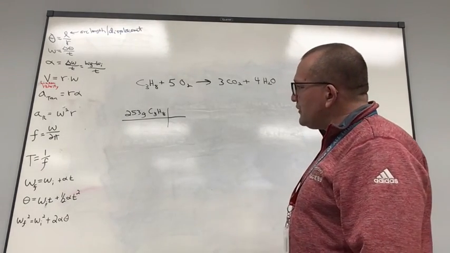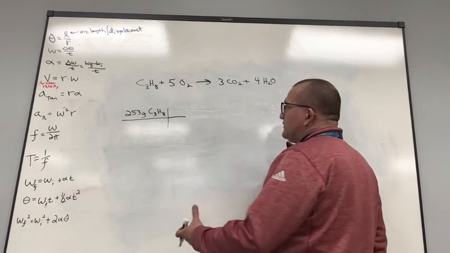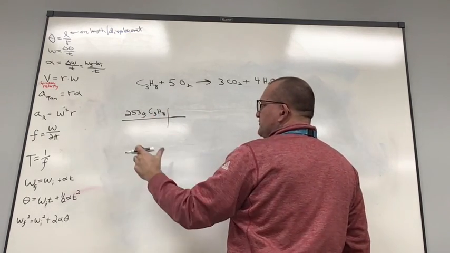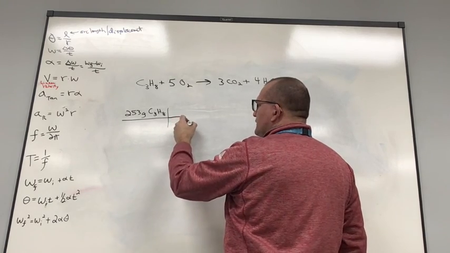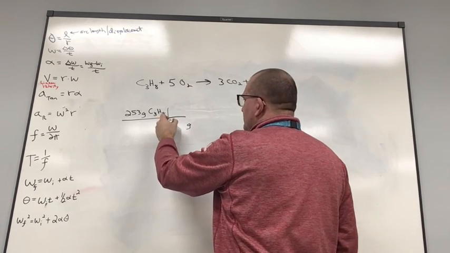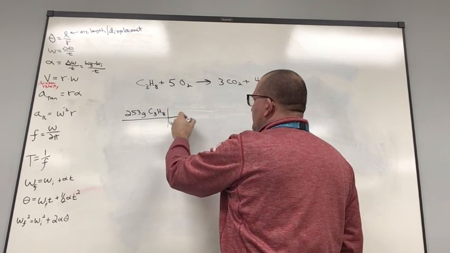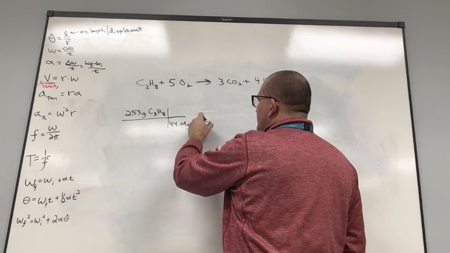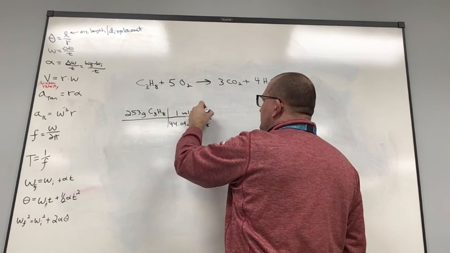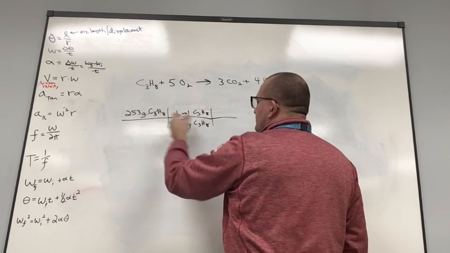So to do this, first step is we got to get the moles. We're going to go from here to here, but we're in grams. So we got to go from grams to moles first, all right? So what is the molar mass of C3H8? We said it was 44.09 grams of C3H8 and 1 mole of C3H8. Okay.